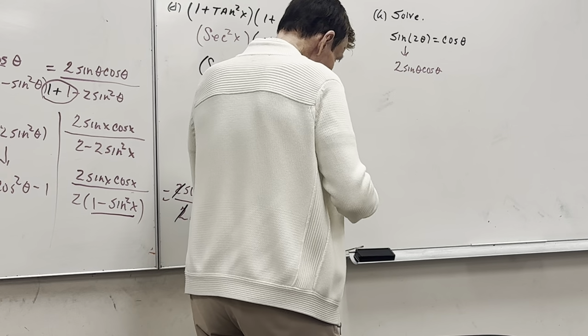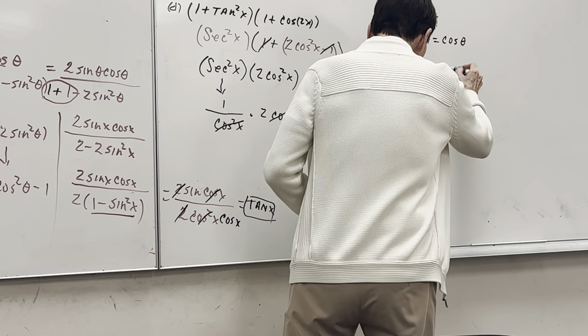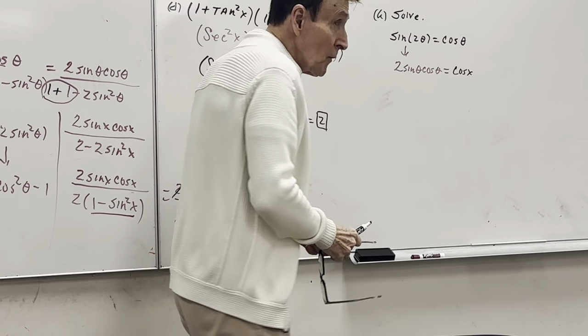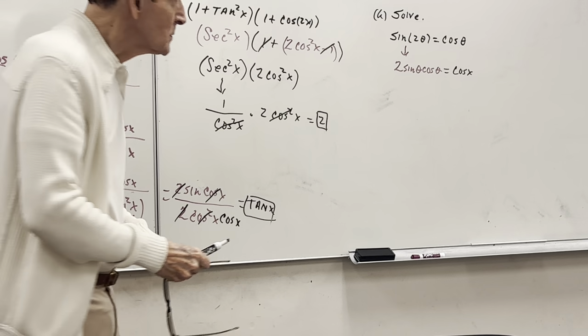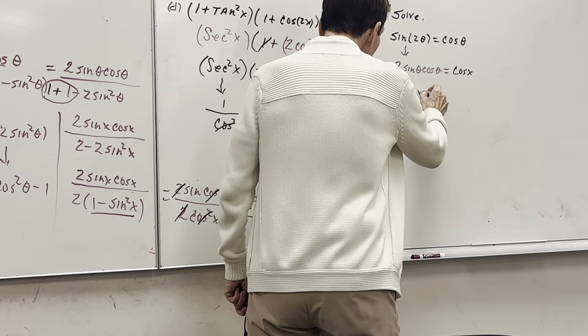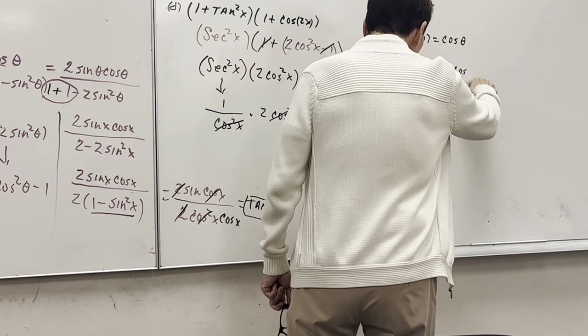And of course, this is equal to cosine theta. Now, someone in this accelerated class tell me, what would one do from there? Move cosine over to the other side. Thank you. Move cosine over, and write like this.